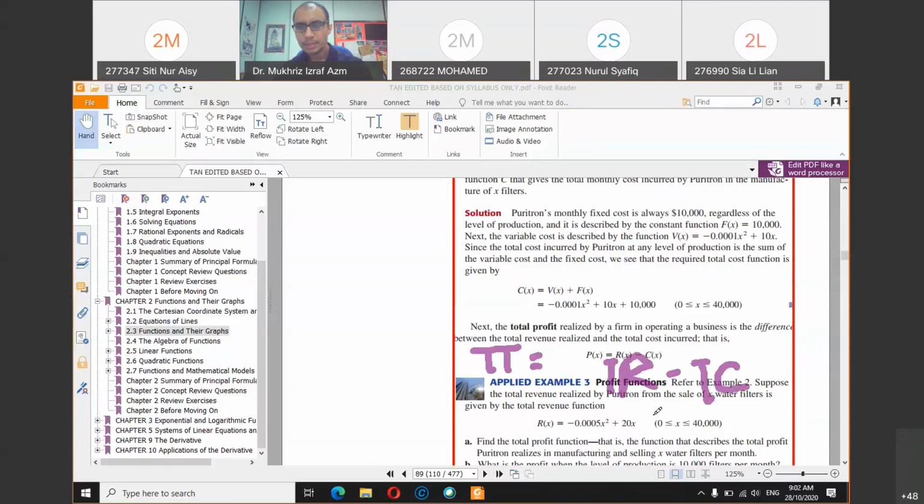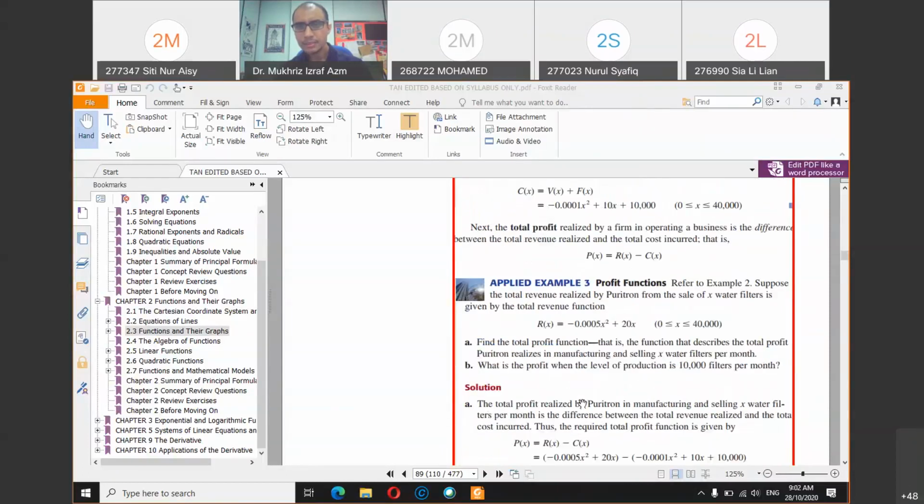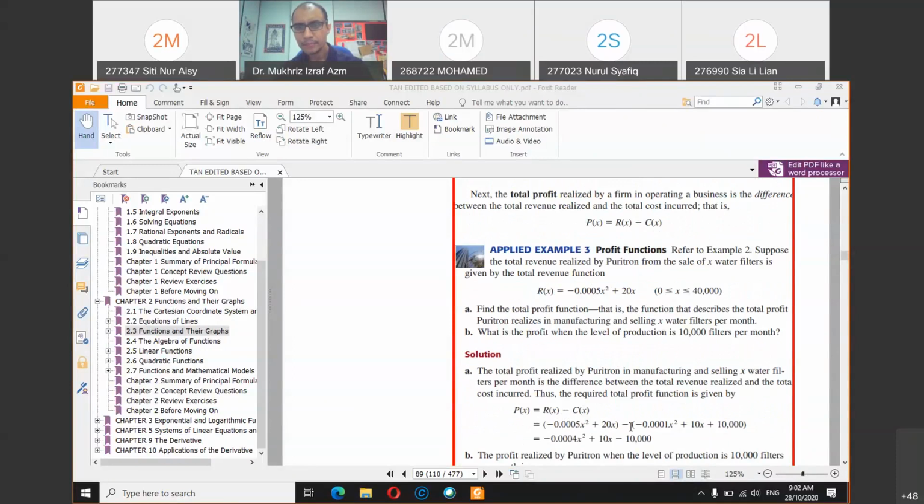So based on the example in the previous one, you see the TR function here and the TC function as you calculated here. So you solve for TR minus TC. This is where you need to be careful in your solution, because this is minus. When you want to solve a minus or difference function, minus and minus become positive, minus and plus become negative, and you simplify them.